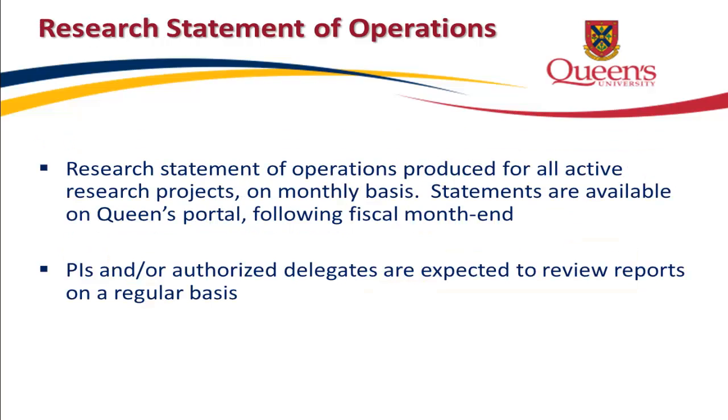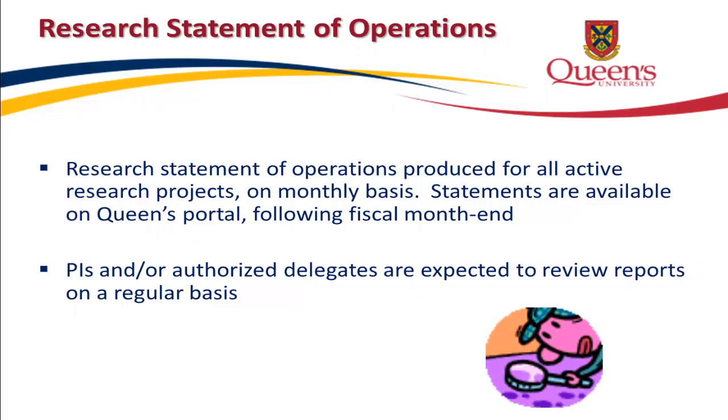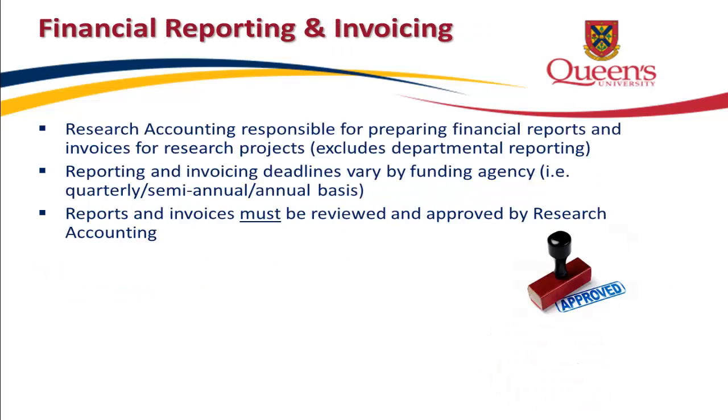A research statement of operations is produced for all active research projects on a monthly basis. Statements are available on the Queen's portal following the fiscal month end. The month-end schedule can be found on the Financial Services website. Principal investigators or their authorized delegates are expected to review the reports on a regular basis and inform research accounting if discrepancies exist.